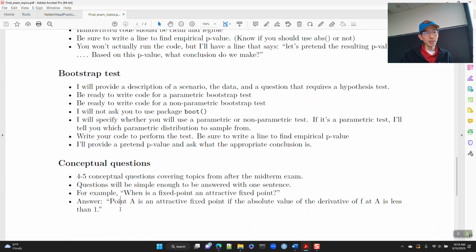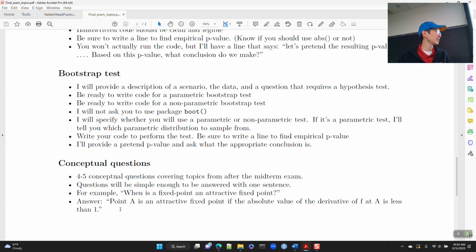Okay, and then lastly, I'm going to have a handful of conceptual questions. This will be from miscellaneous topics from after the midterm exam, okay? The questions, in my opinion, are simple enough to be answered with one sentence, or at least a very short response, and actually that's preferred as your professor who has to grade your exams.